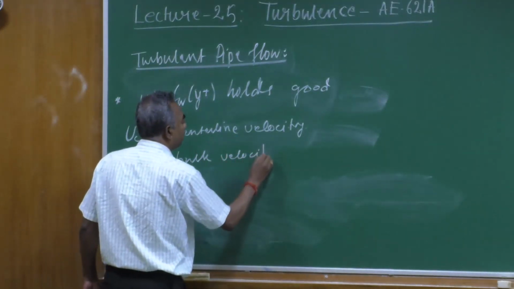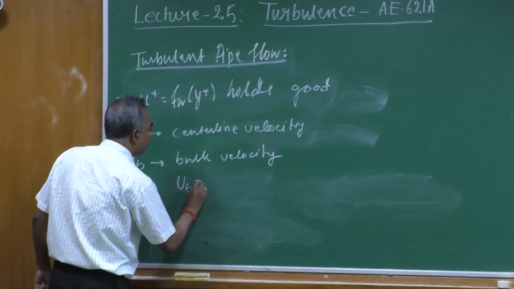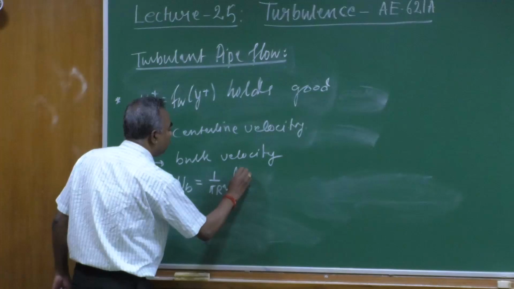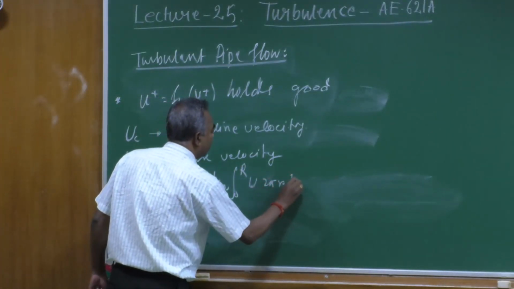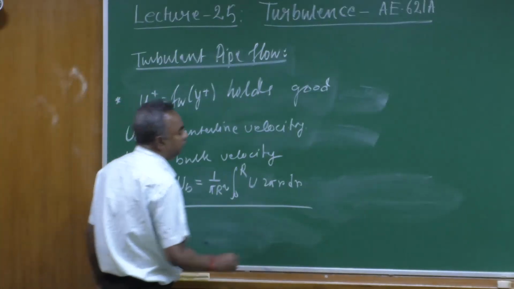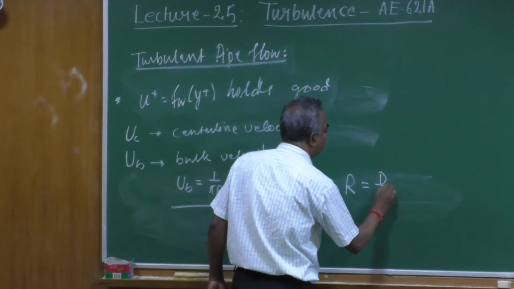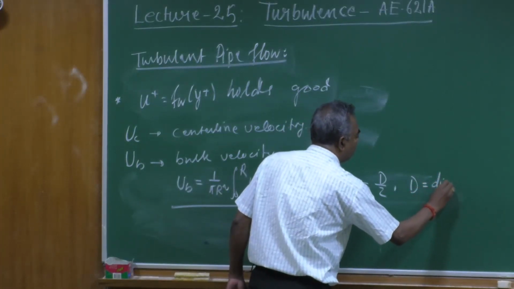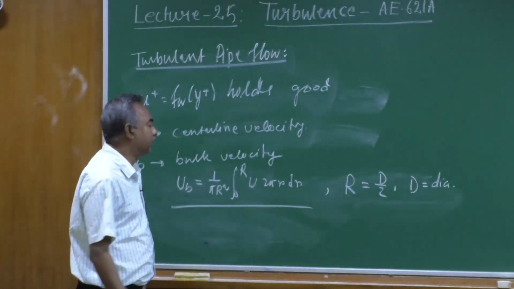U_b is defined as 1 by pi R square, integral from 0 to R of u 2 pi r dr. Here R is equal to D by 2, D is the diameter of the pipe, so R is the radius of the pipe.